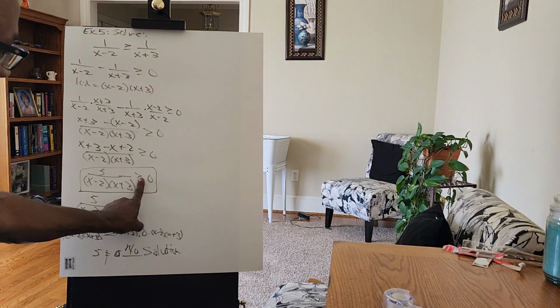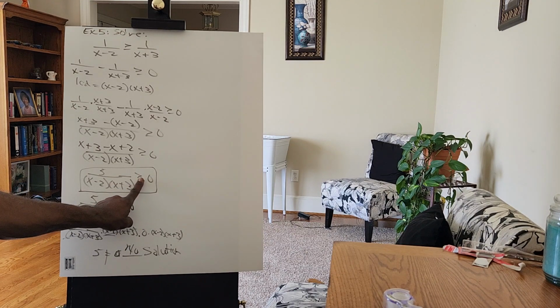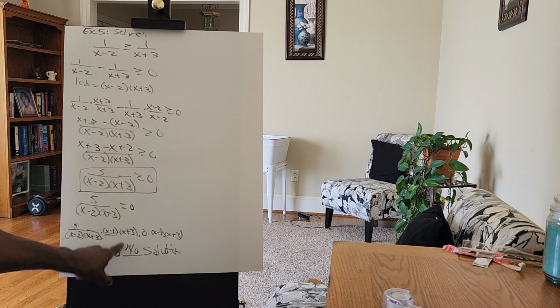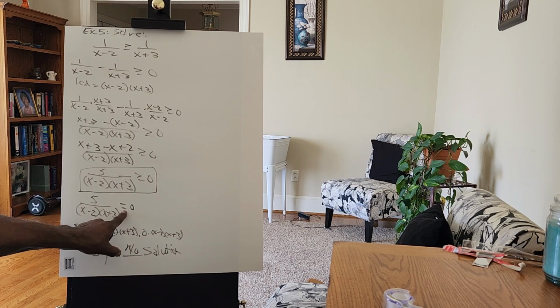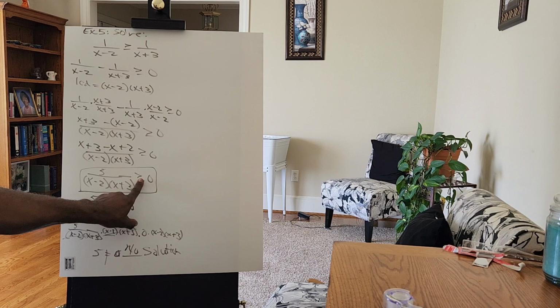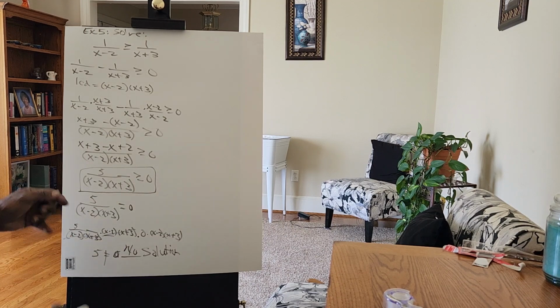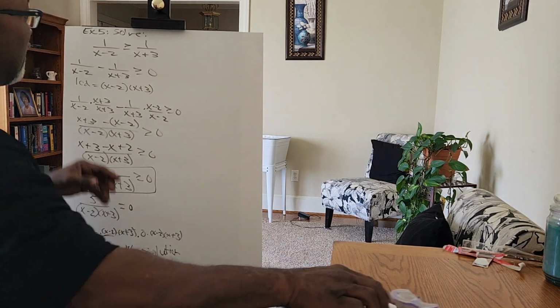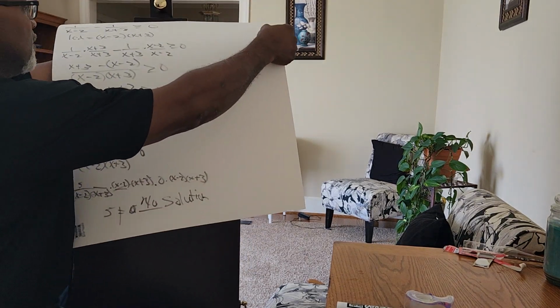So all I really care about now is where it's greater than 0. Now I'm just trying to find out where this quotient is greater than 0. Keep that in mind.